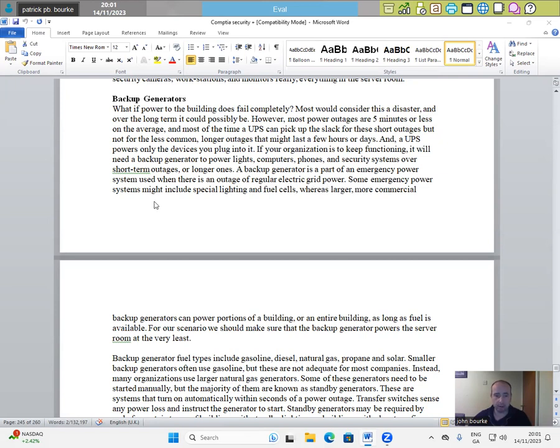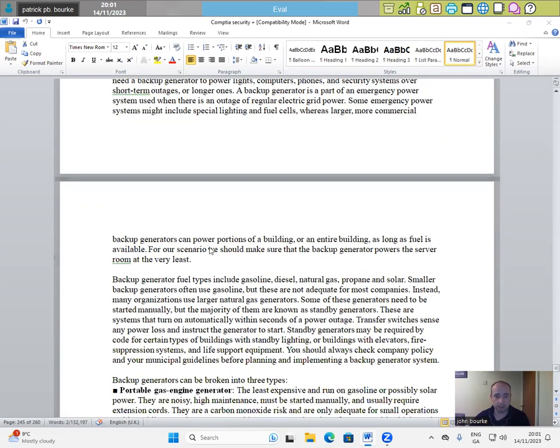Some emergency power systems might include special lighting and fuel cells, whereas larger, more commercial backup generators can power portions of a building or an entire building as long as fuel is available. For our scenario, we should make sure that the generator powers the server room at the very least.